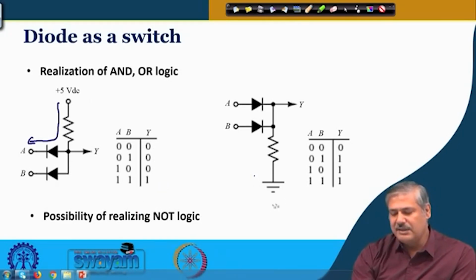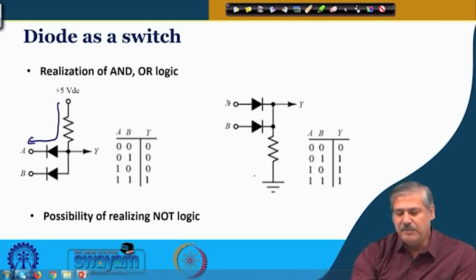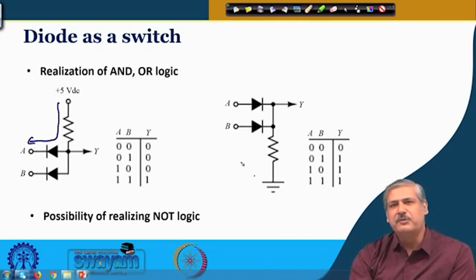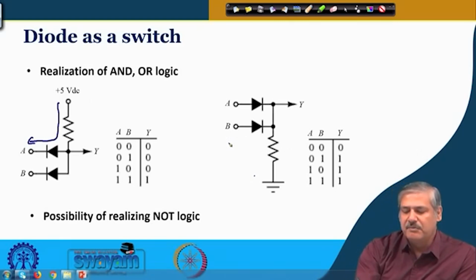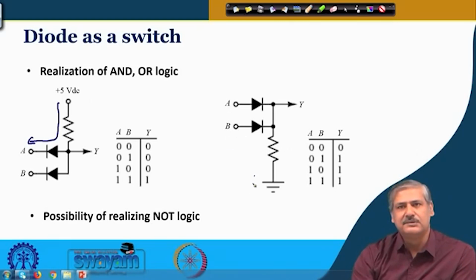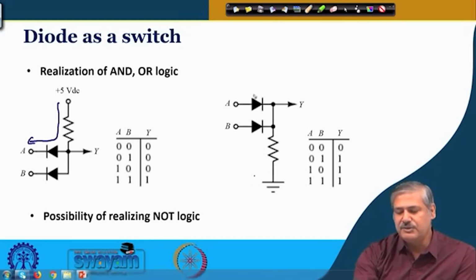Now, look at this particular circuit. At the inputs A and B, you present either 0 volt or 5 volt. When you present both of them as 0 volt, no current is flowing, and when you present 5 volt, what will be the voltage here? There is a 0.7 volt drop over here, so the voltage here will be some 4.3 volt.